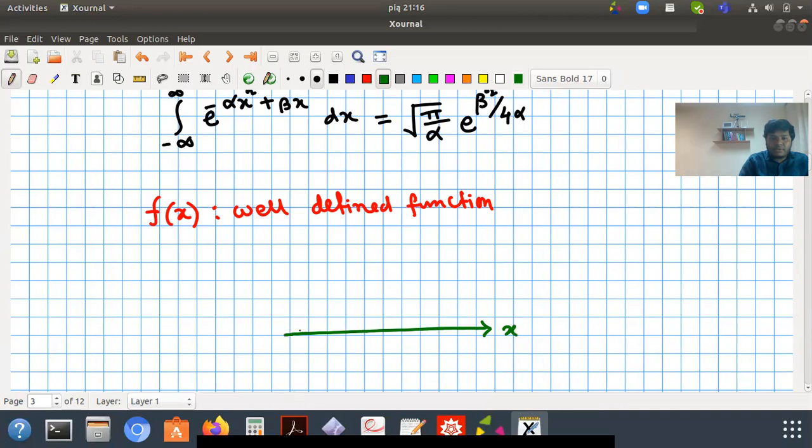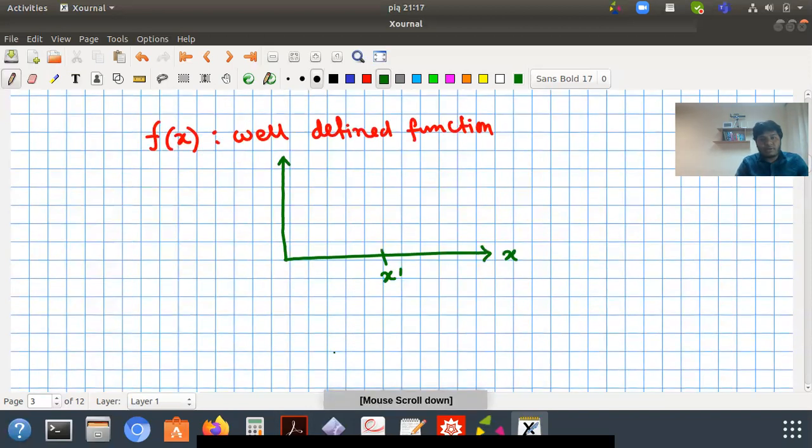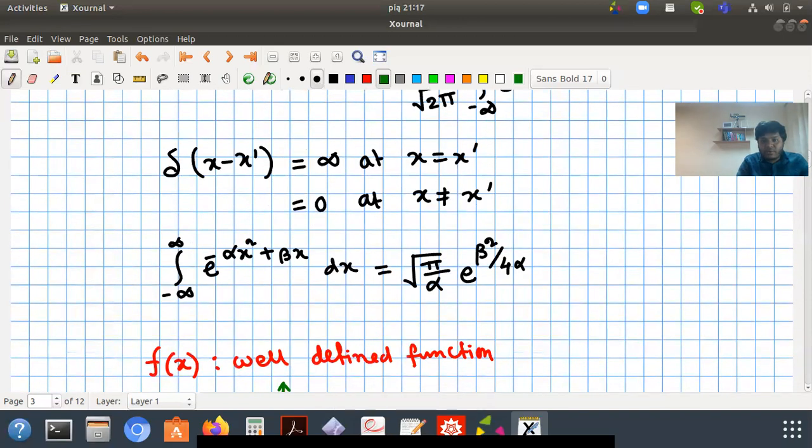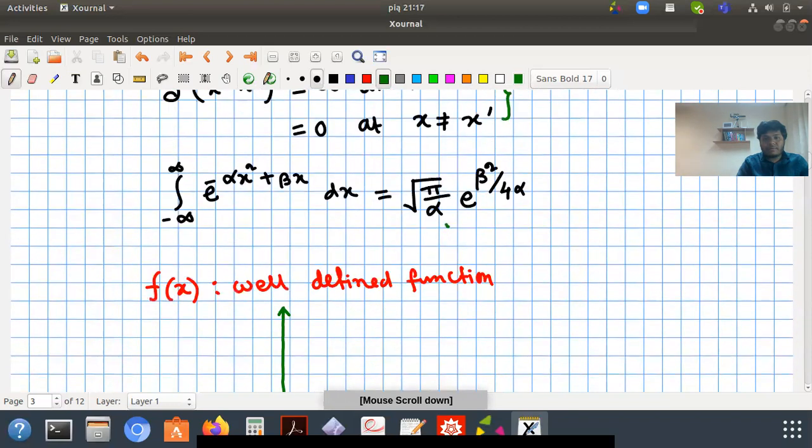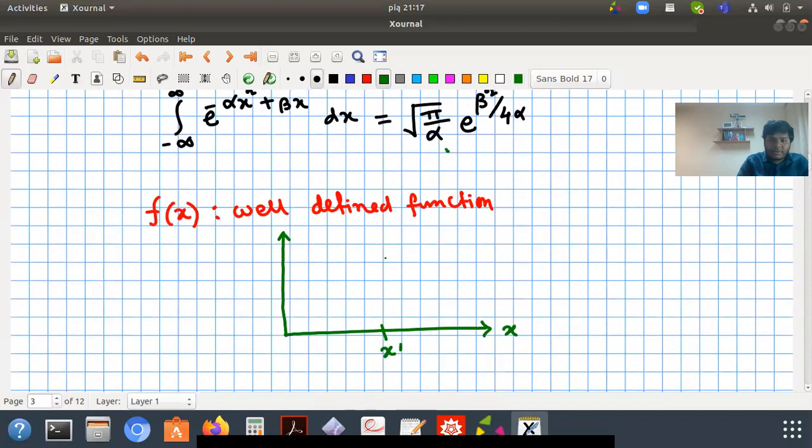Let's consider this is x prime. According to the definition of the Dirac delta function, if I show you its graphical representation, at x equals x prime there should be a spike, and this spike is such that the area under the curve is 1.